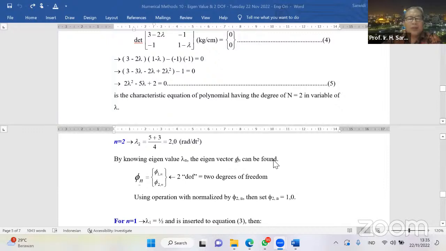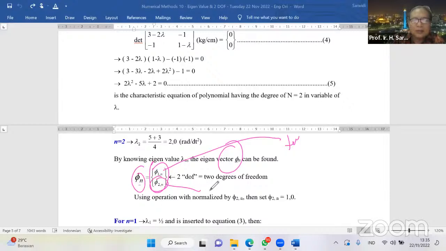Next, you have to find the eigenvector Vn. In this case, you have Vn meaning 1 and 2. 1 means in the first floor, this is the roof. The other one is the roof.